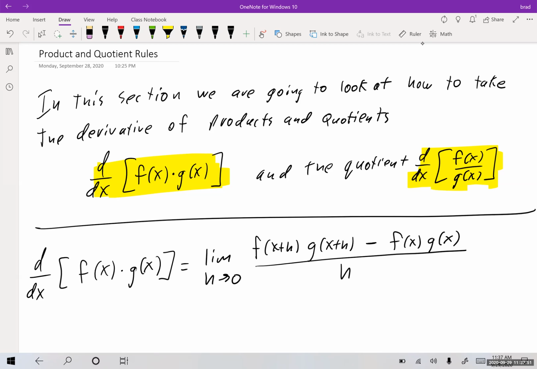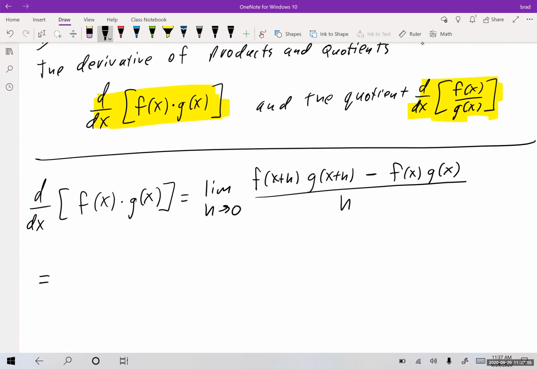Okay. Now what we're going to do next is, I guess, the key to the whole thing: we are going to basically add 0 to this problem. So let me show you what I'm going to do. Limit as h approaches 0, and we're going to do f of x plus h times g of x plus h.